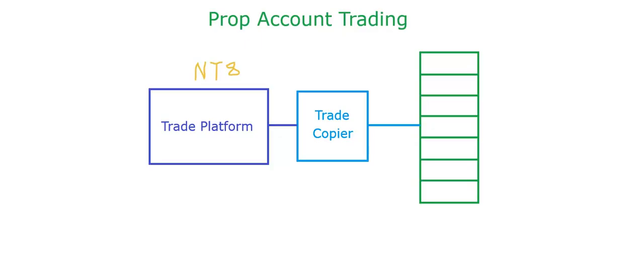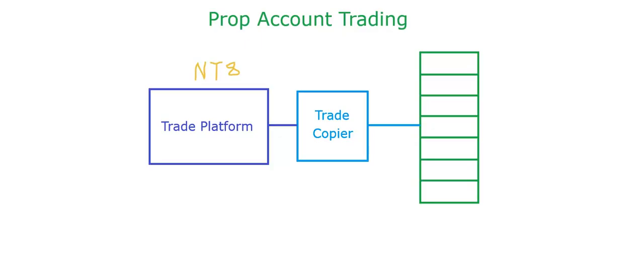So what I do on a trade platform, and in this case I'll talk about automation like running the Mom Strat, which is the primary thing I do day after day, is I'll trade on what I call a master account. I'll designate one of my accounts as a master account.